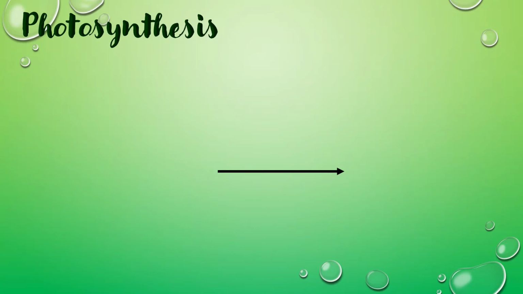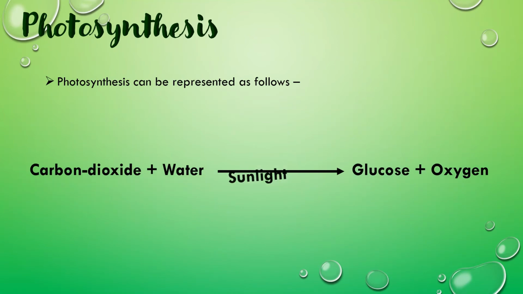The process of photosynthesis can be represented as follows. Carbon dioxide combined with water in the presence of sunlight forms glucose and oxygen.